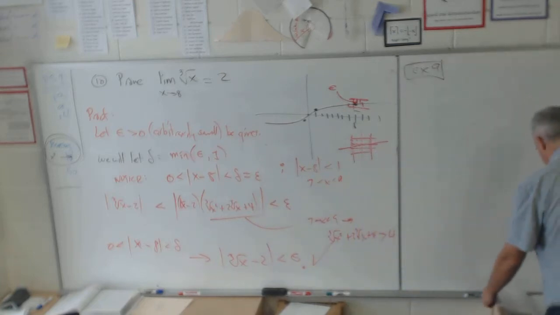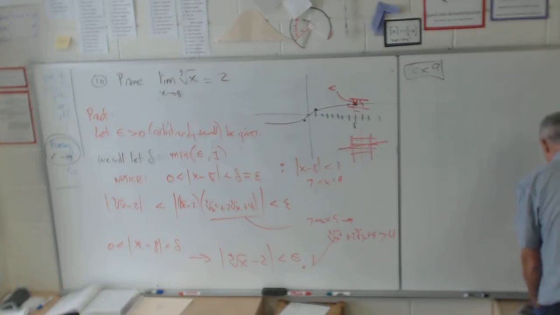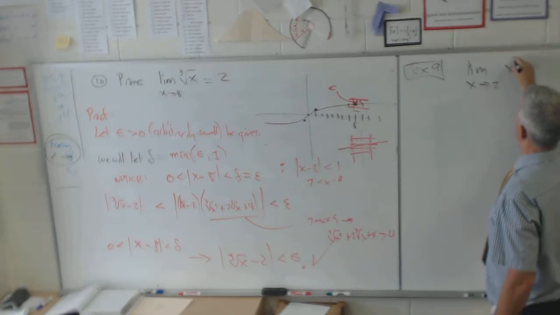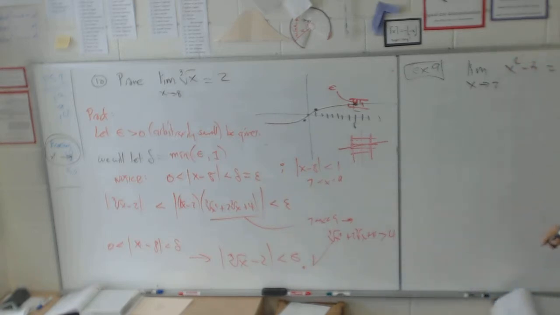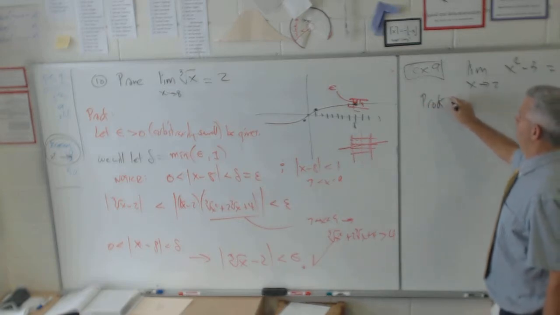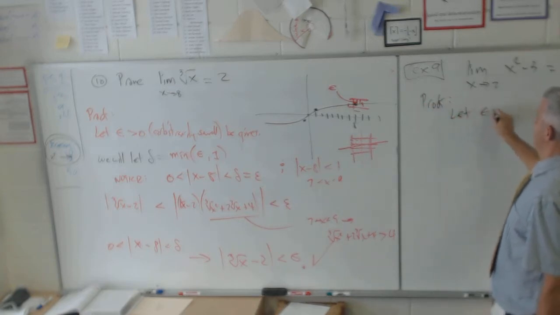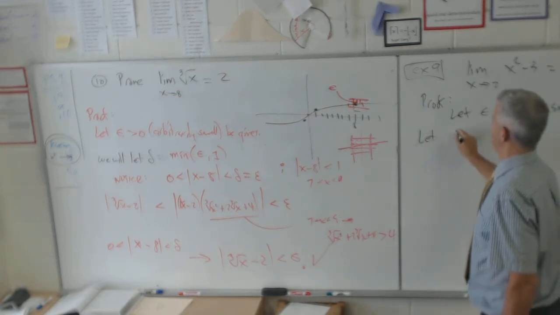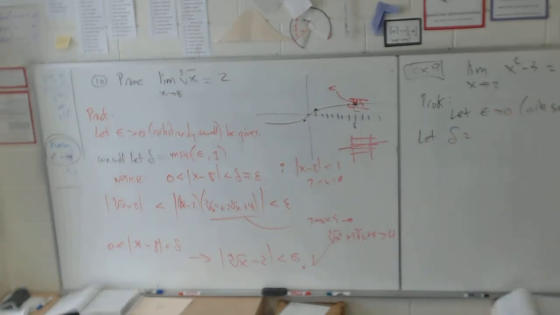Someone read the limit that we're supposed to do here. The limit as x approaches 2 of x squared minus 2. And what's that going to be? 1. So now we're doing the proof. So let epsilon greater than 0 arbitrarily small be given. We're going to let delta equal... Okay, now I'm going to see what they did here in the follow through.